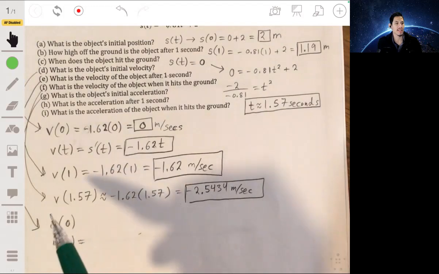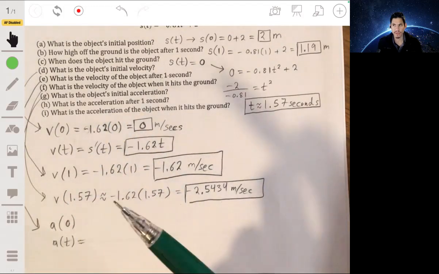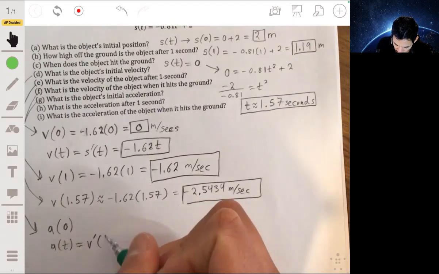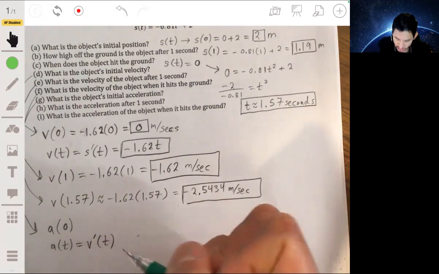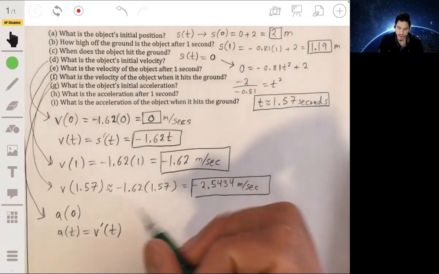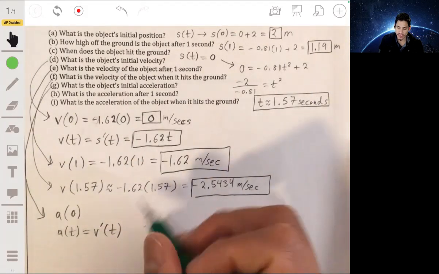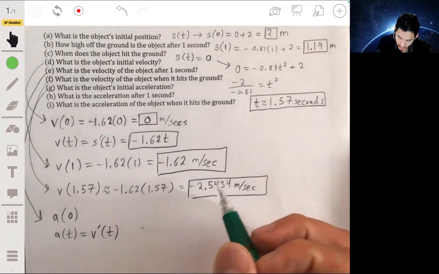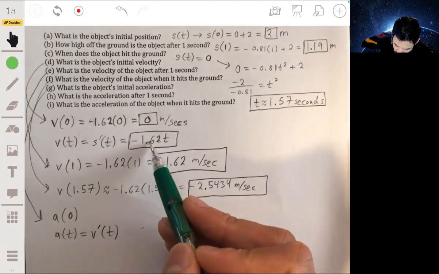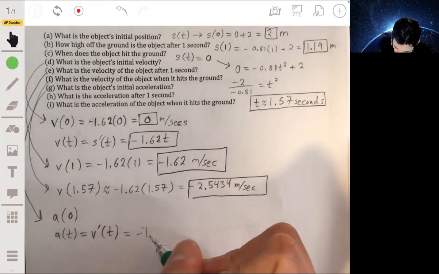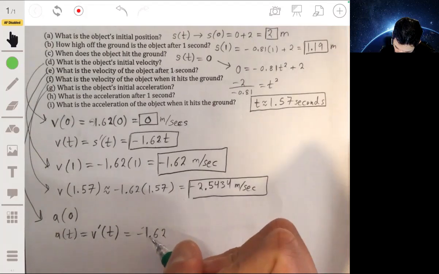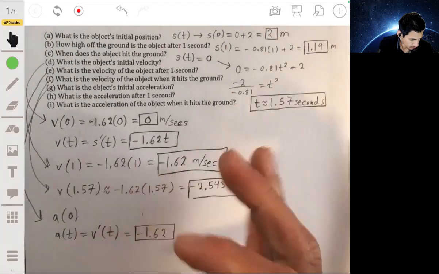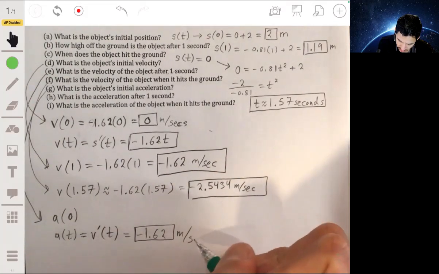We find that by differentiating velocity, because acceleration is the derivative of velocity, since acceleration describes the rate of change of velocity. So we calculate v prime of t, and we get that v prime of t is just going to be -1.62 meters per second squared.